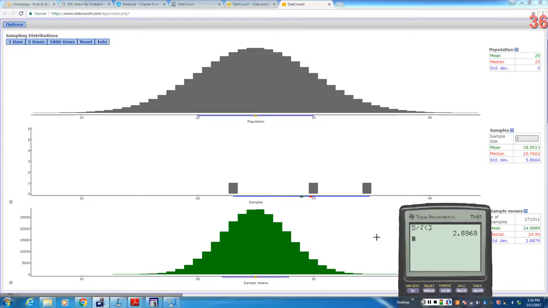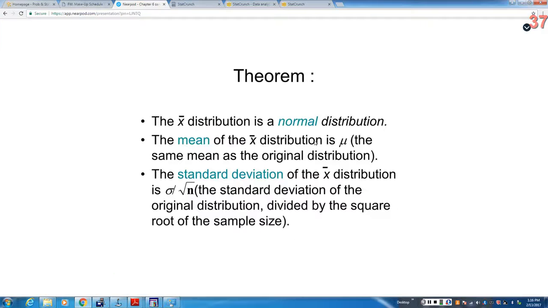So that's what we're talking about. So now the other part here, they're saying that the standard deviation of the distribution of sample means is equal to your population standard deviation divided by the square root of the sample size of each one of those samples. Each one is the same size.